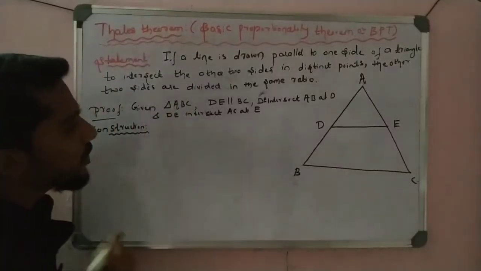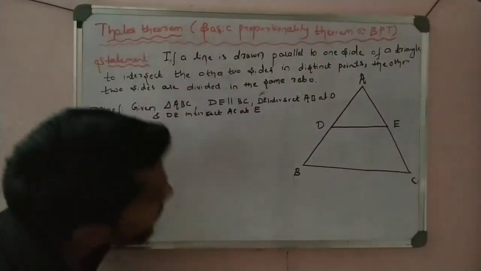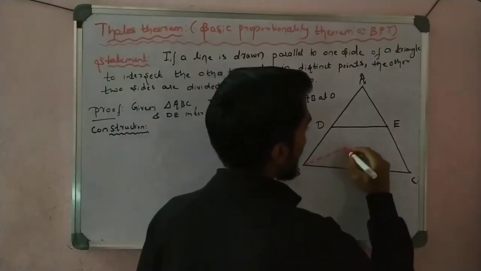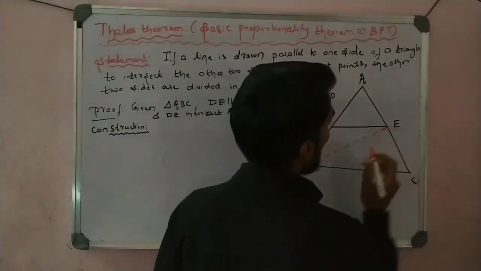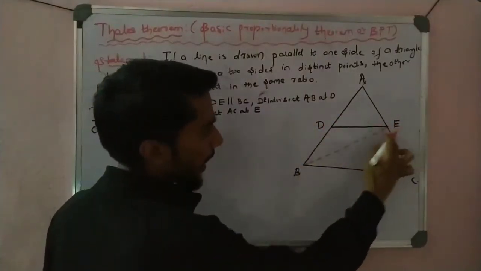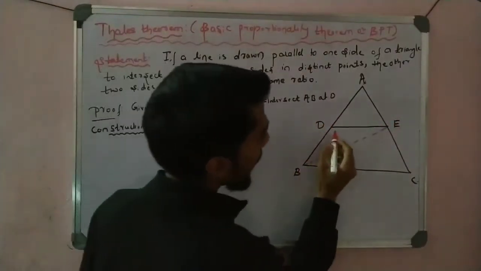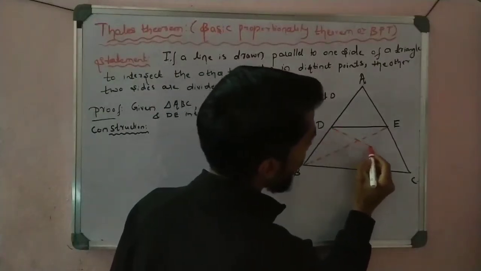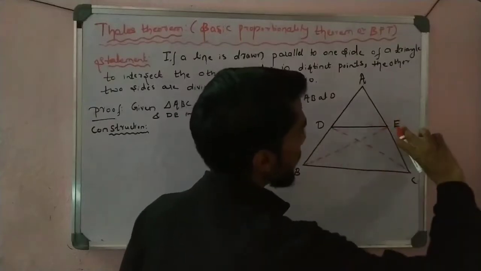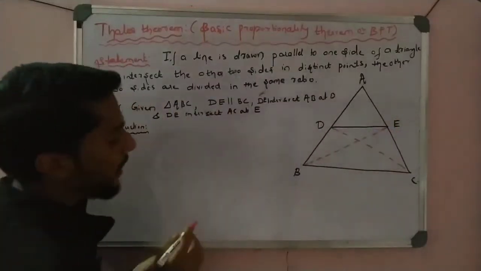Now the construction: I construct here. I can join here, because we require a triangle. I require this side now, that is why I make a triangle here. If I make a triangle like this, I can use this angle CDE for this side. Again, this is a construction.